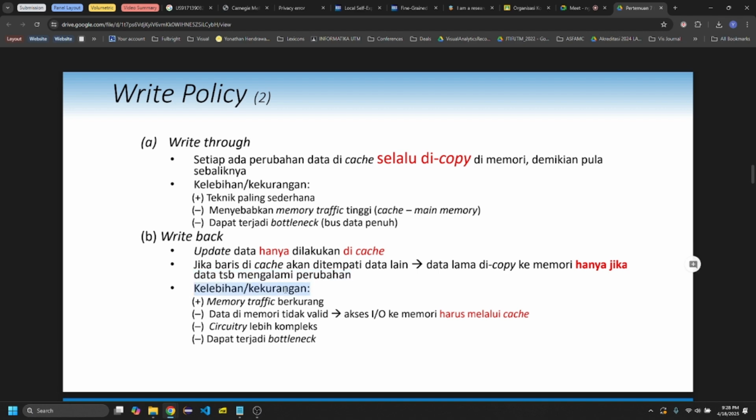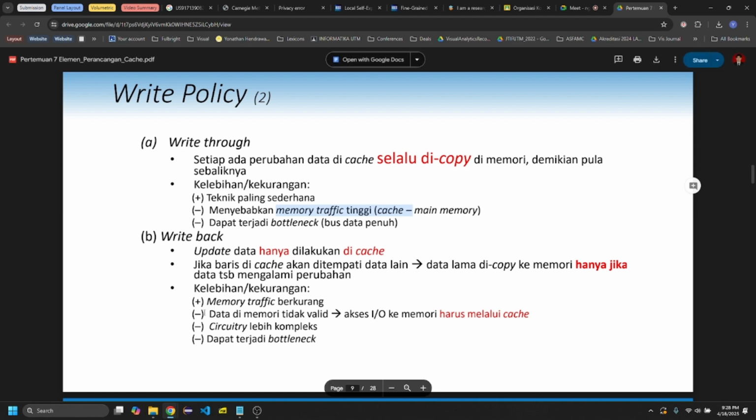These are the pros and the cons. The advantage is that the traffic going to and from the memory is low compared to the previous method.